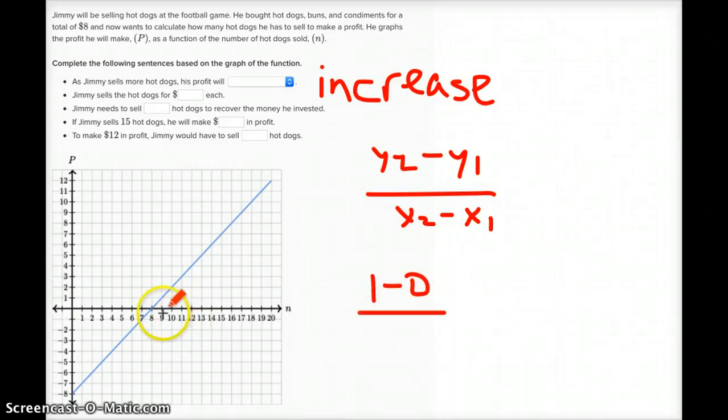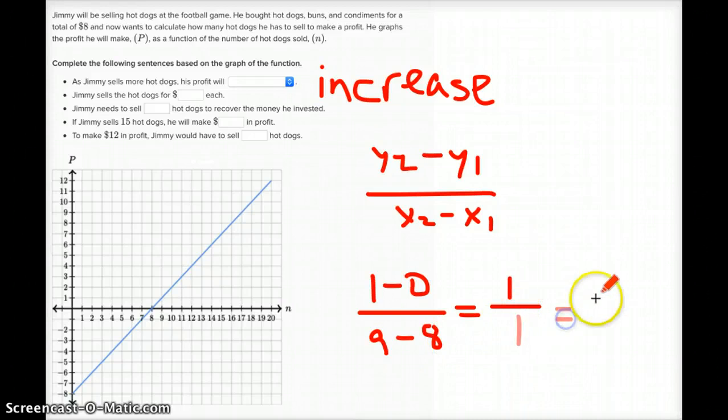We'll have 9 minus 8, because they correspond to the 1 and 0. And so we end up with 1 minus 0 equals 1, 9 minus 8 equals 1, and that equals 1. And so that's the price at which Jimmy is selling the hot dogs. So we'll have 1 here.